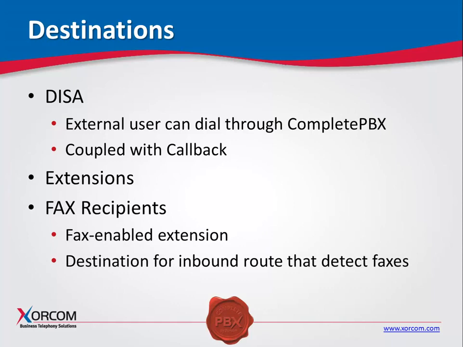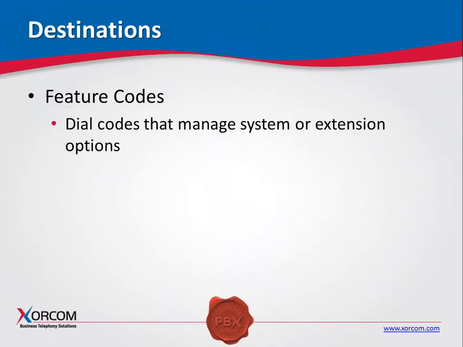Fax recipients are destinations to which it is possible to send a fax, which can be packaged by CompletePBX as a PDF document. The extension has to have an email address associated with it, and the inbound route needs to be able to detect incoming faxes. Feature codes enable you to activate system or extension options.